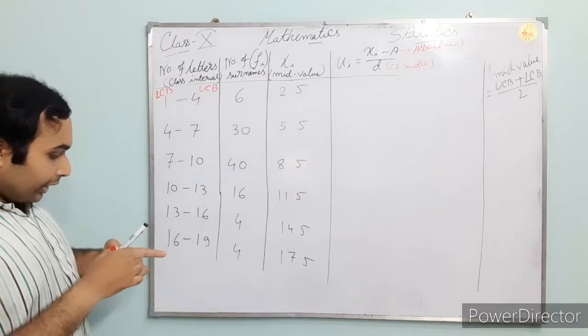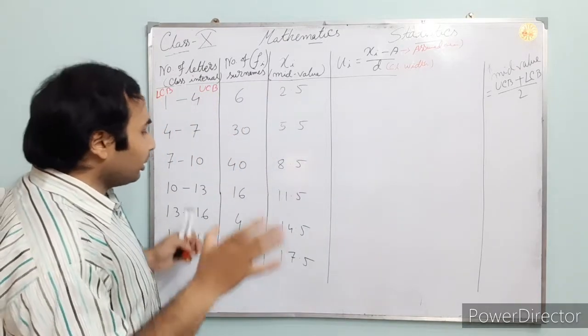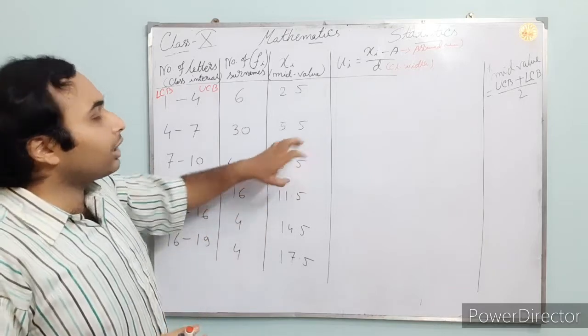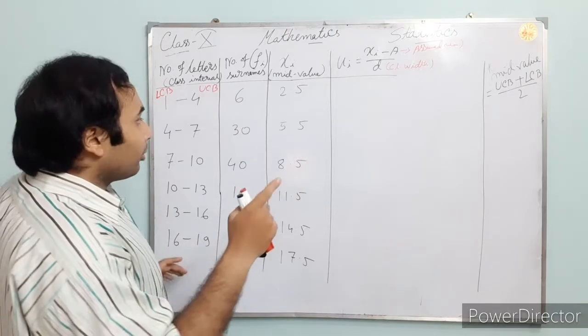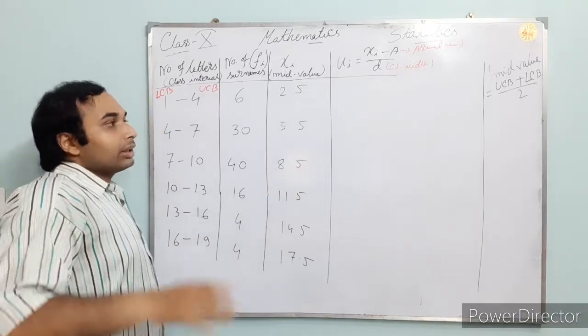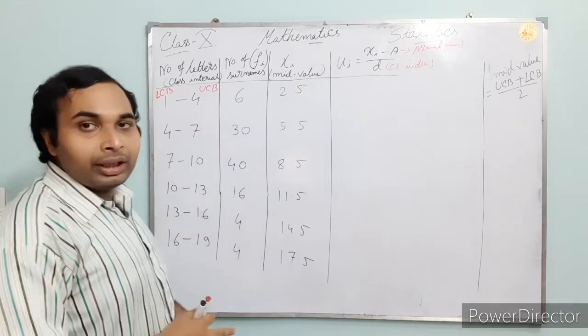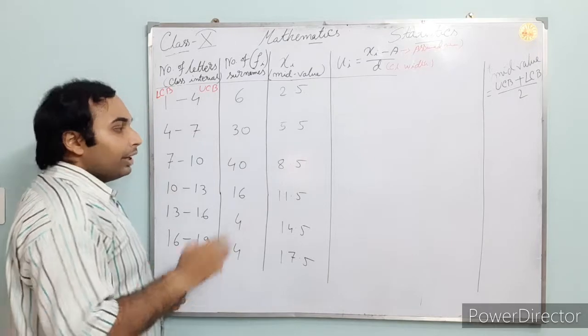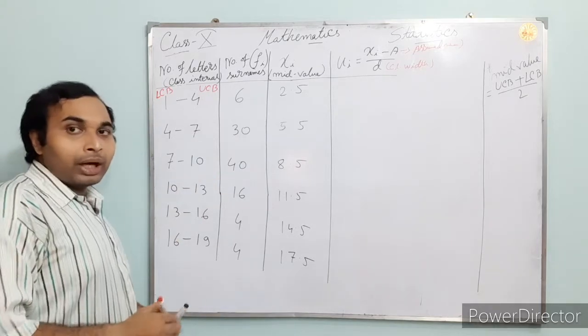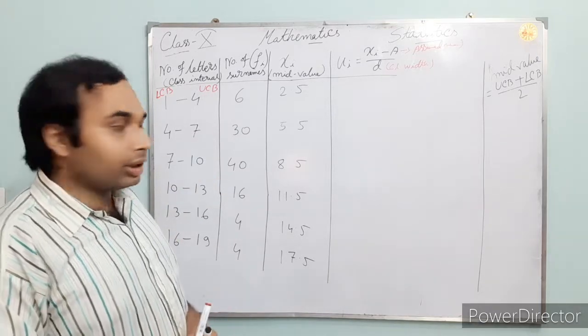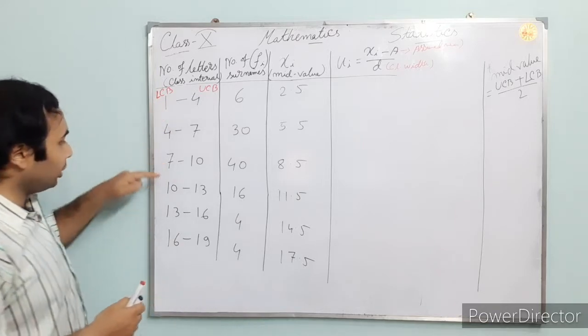Okay. So A means you have to take the middle portion. Middle portion means, whenever an odd number of data are there, you can find the middle only. But if an even number of data are there, here how many? 1, 2, 3, 4, 5, 6.